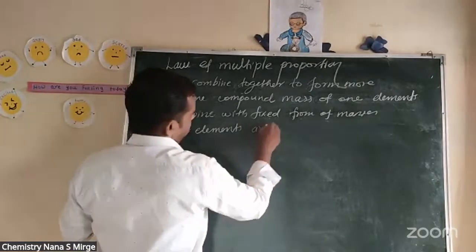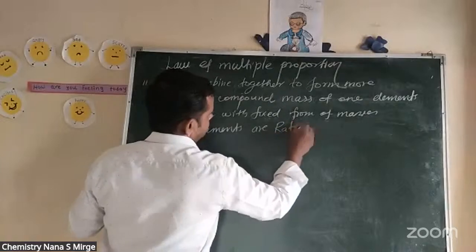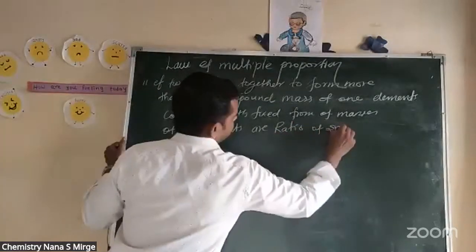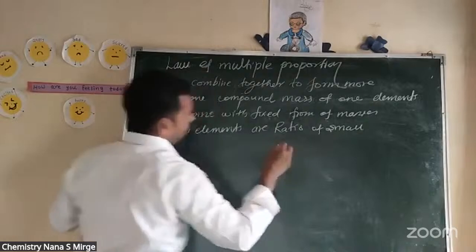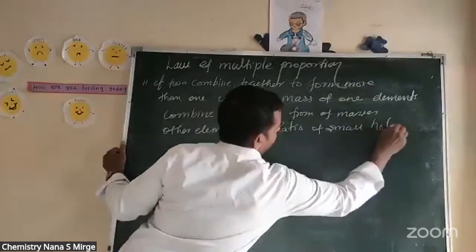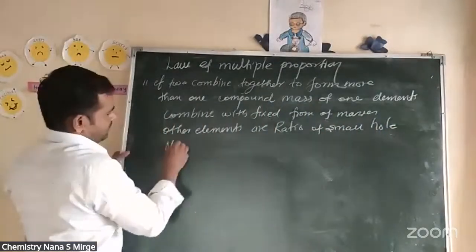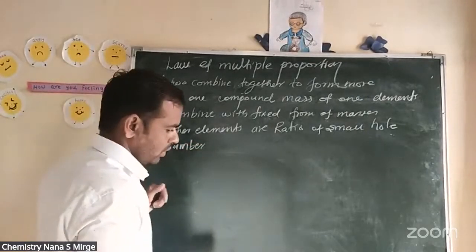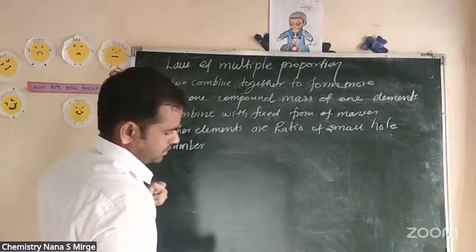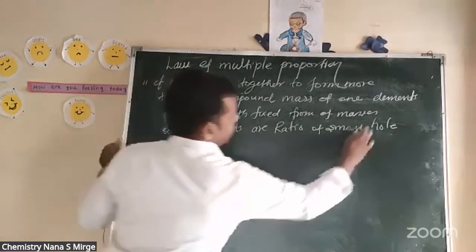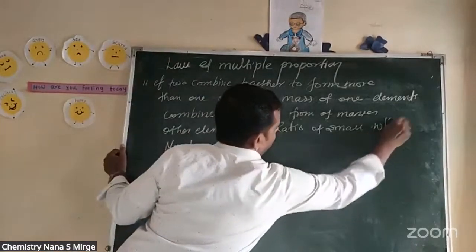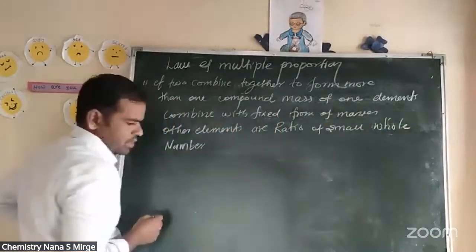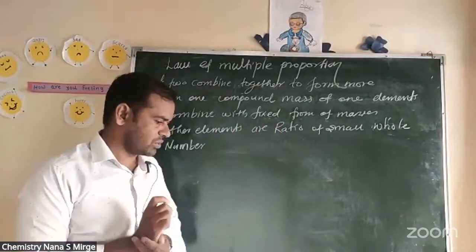So how is it possible that the masses are in small whole numbers?